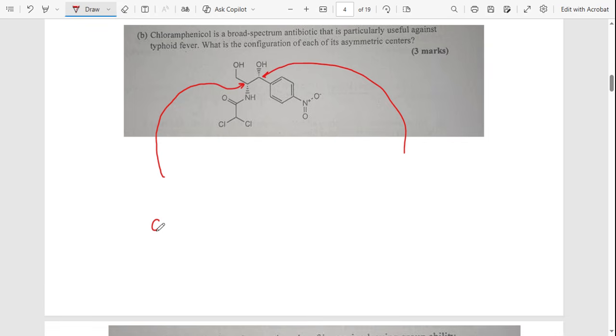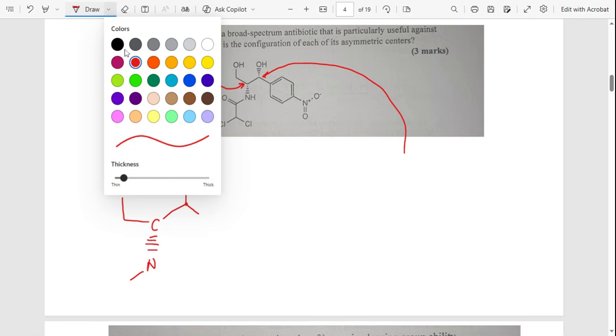This carbon is actually attached down to a nitrogen, and then it is also attached to a carbon that is attached to an OH, and then it is attached to another carbon, which on top is actually attached to an oxygen and hydrogen. And of course, there is a group this side, and then it continues like that.